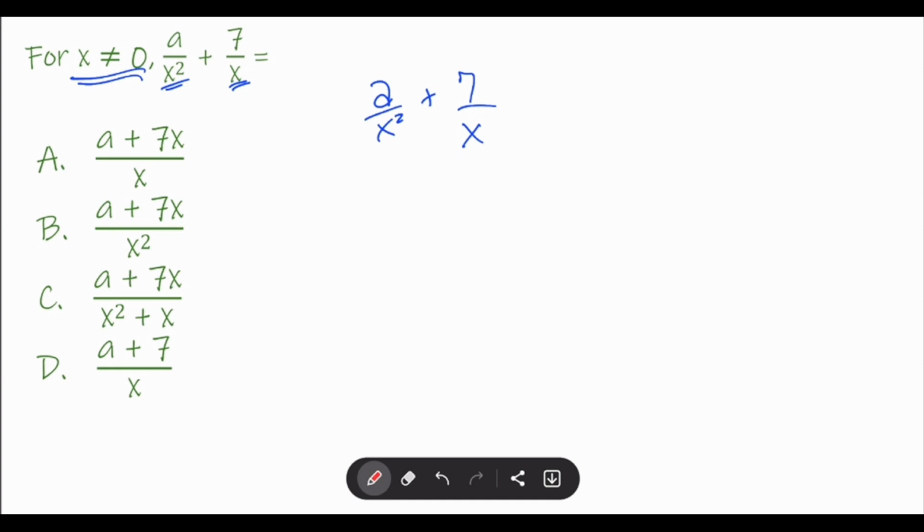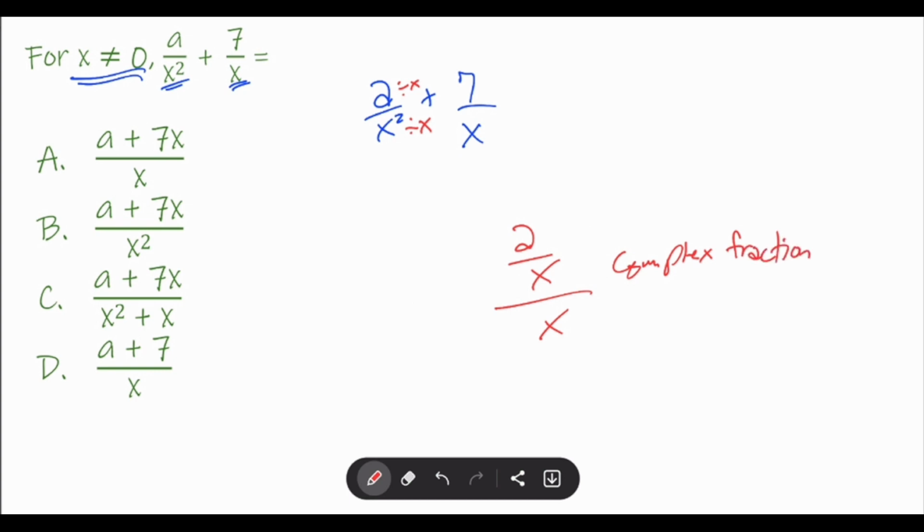It's either you make both the same x or make it the same x squared. If you're going to make it the same x, it's going to be difficult for the other side, because if you divide x squared by x, of course it becomes x because we cancel one x, but the top will be a problem because it becomes a over x over x, which is what you call a complex fraction.